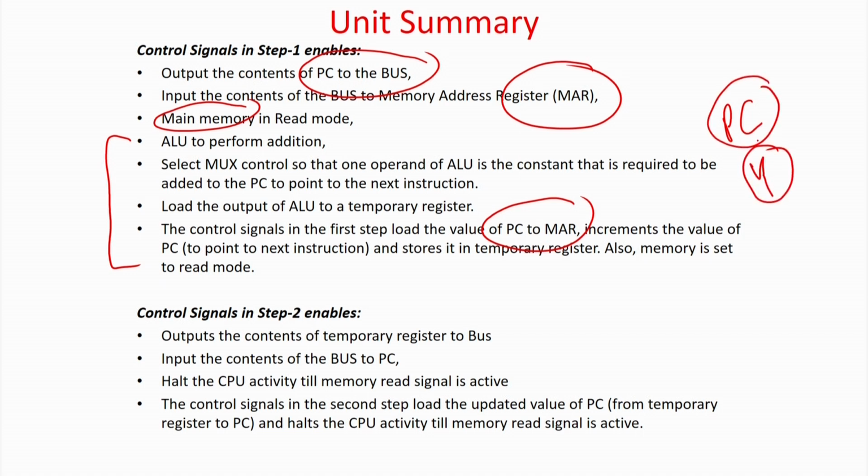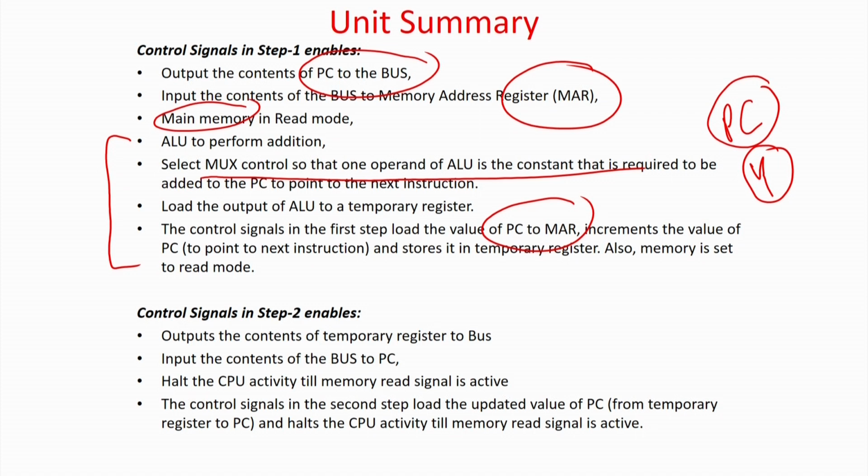We will see later why it is required, because at the same stage when you are incrementing the PC, you also have to store the value of the PC in a temporary register. Storing the PC in a temporary register is something different which you do in a transfer instruction, and we will see later the importance of that. Other things, like setting the mask so that the constant is added, pointing to the next instruction, remain the same.